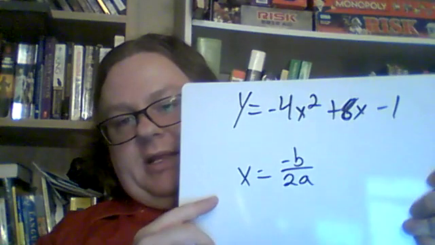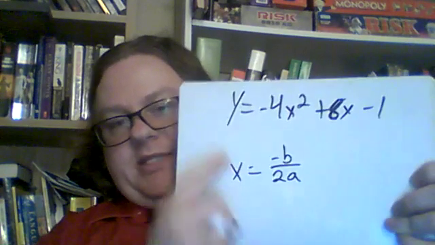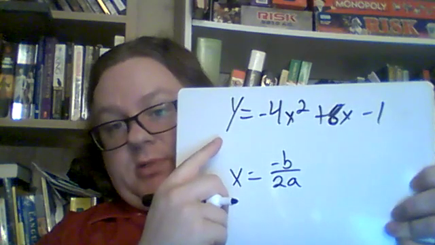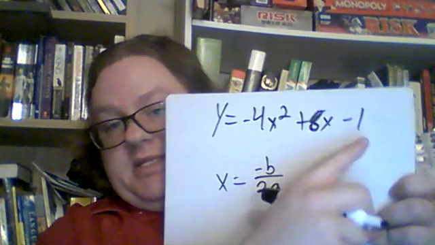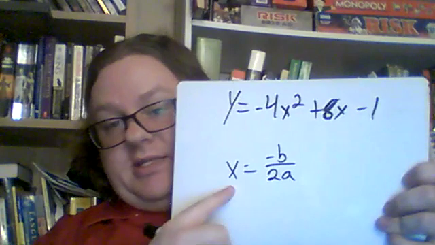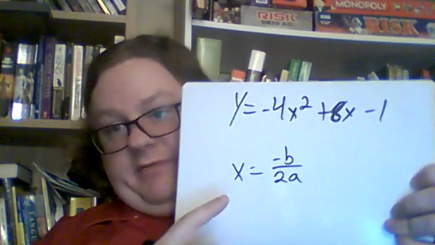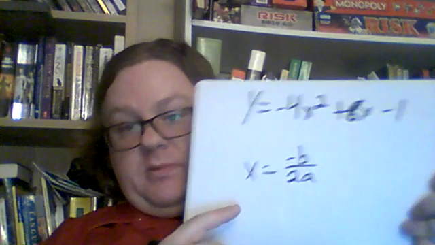And that will tell us the x-coordinate of the vertex when it's in this form. Only when it's in this form. If it's in the form ax squared plus bx plus c, this equation will tell us the x-coordinate of the vertex, right?